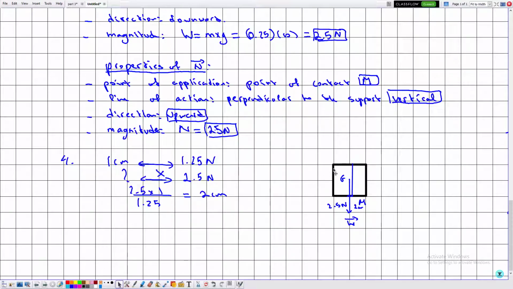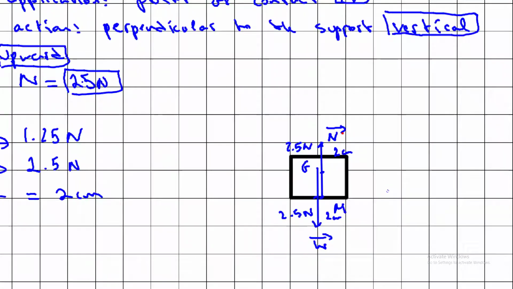So let me change the dimension of the box. Okay. So this vector is the vector N, 2 centimeters worth 2.5 newtons. And here it's important that N must be represented from the point M, W must be represented from the point G.